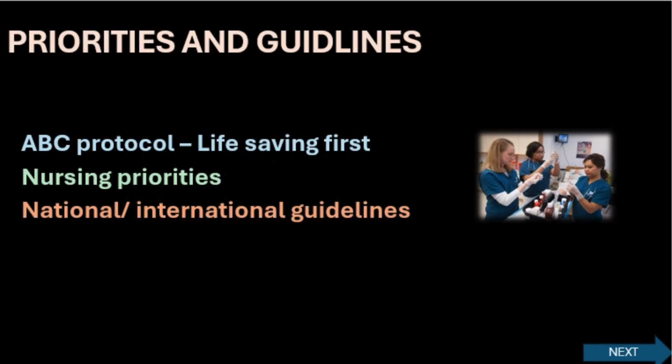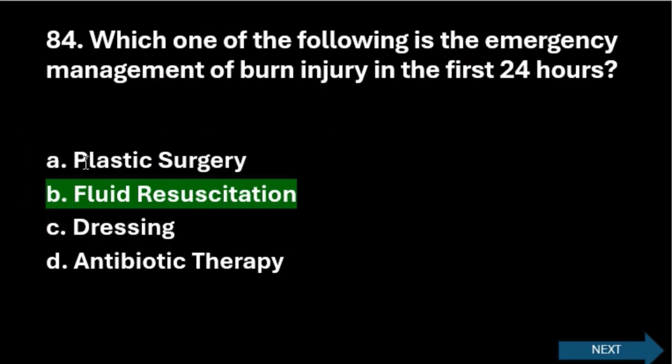This is an application level question, which we answer with priorities or guidelines. Here we have to see the ABC protocol, life-saving intervention first, and apply nursing priorities, then national guidelines like NABH and international guidelines like JCI. Plastic surgery is the last option, a cosmetic option only.